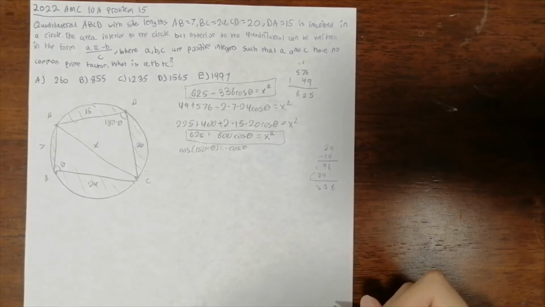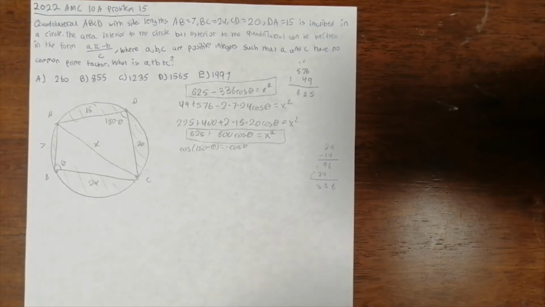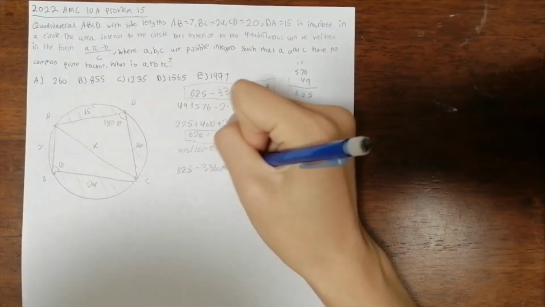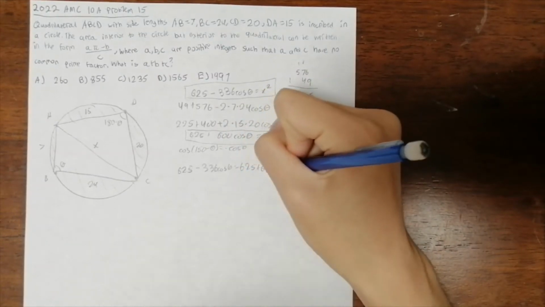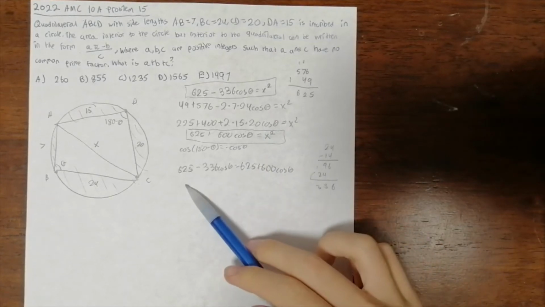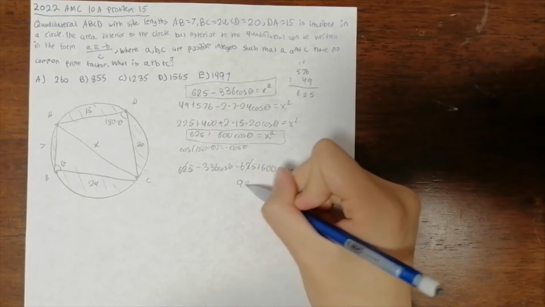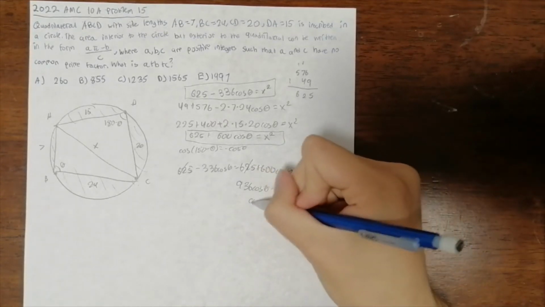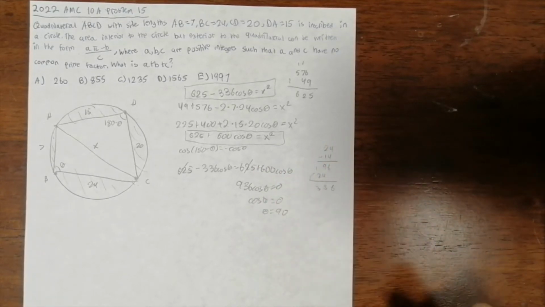We can set them equal. So 625 minus 336 cos theta equals 625 plus 600 cos theta. So these cancel out, and we get 936 cos theta equals 0. Okay, so the only way this is possible is if cos theta is 0, which means theta is 90.